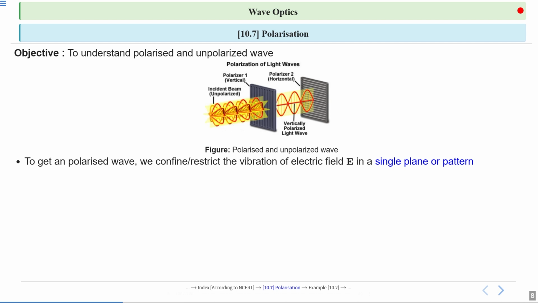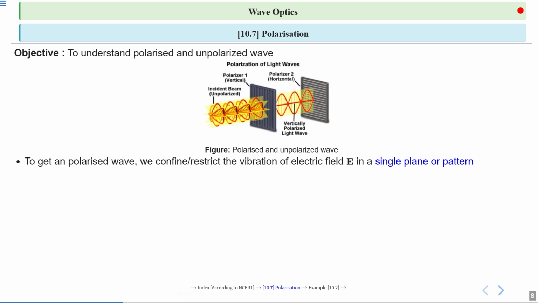Why are we only taking the electric field vector, not the magnetic field vector? Because we have discussed in electromagnetic waves that the magnitude of the magnetic field vector is much smaller compared to the magnitude of the electric field vector, because the amplitude of the electric field, E naught, is equal to C times B naught.